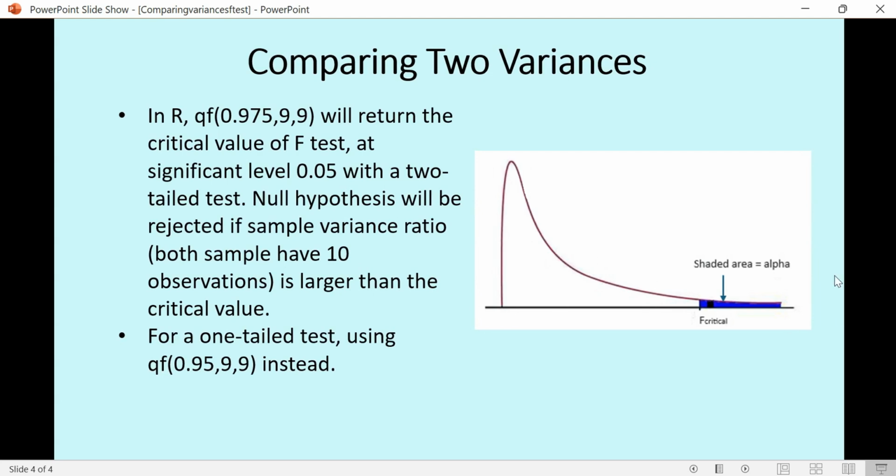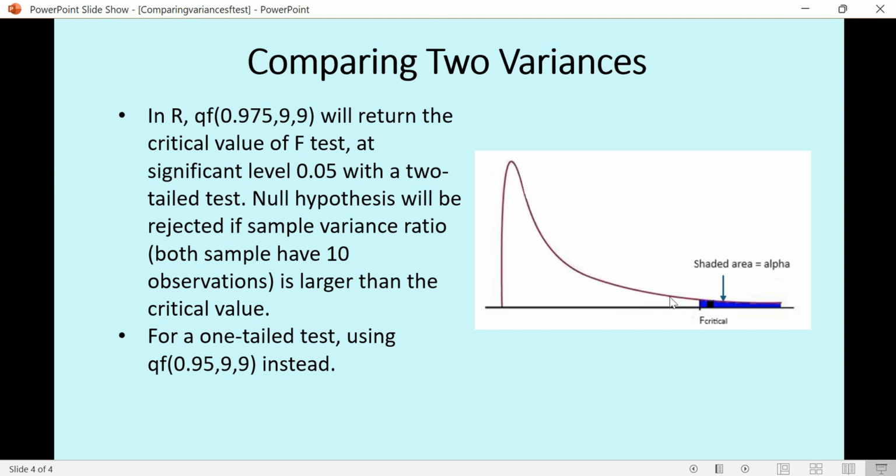Then we look at this figure. This is a curve of the ratio of two variances, like any probability density curve. This is the critical value from the F distribution.